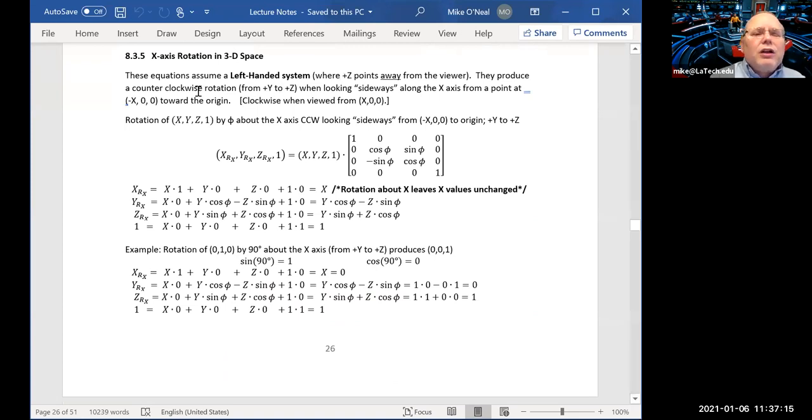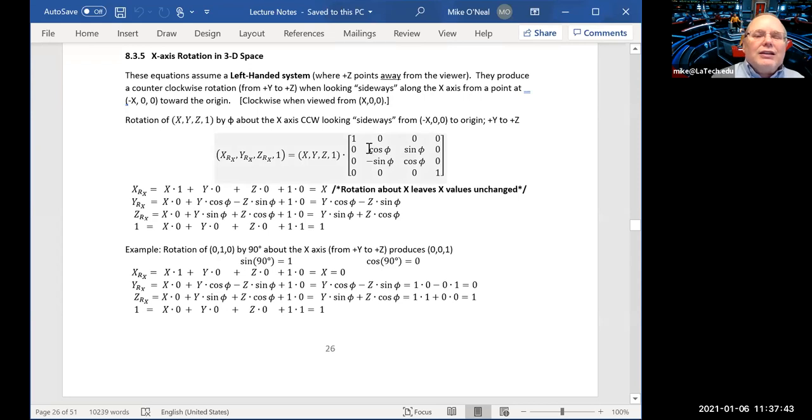This is going to be a counterclockwise rotation from positive y to positive z when looking sideways along the x-axis from a point along the negative side of the x-axis, minus x, 0, 0, looking towards the origin. So it'll be counterclockwise when you're looking from minus x towards the origin.